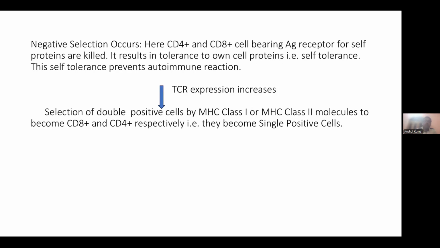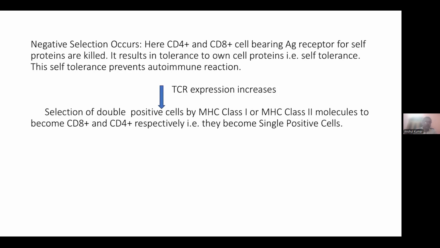So in selection, as I have already told, CD4 plus cells and CD8 plus cells bearing antigen receptors, TCRs, that do not react with self MHC proteins are killed. That is positive selection of T cells whose TCR reacts with self MHC proteins. And then negative selection occurs. Here CD4 plus and CD8 plus cells bearing antigen receptors for self proteins are killed.